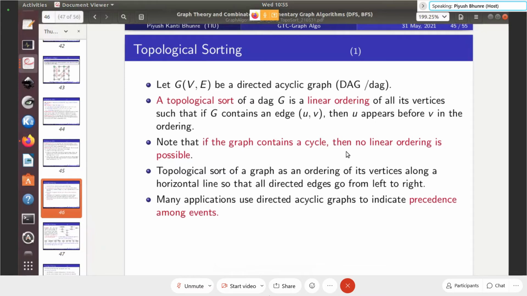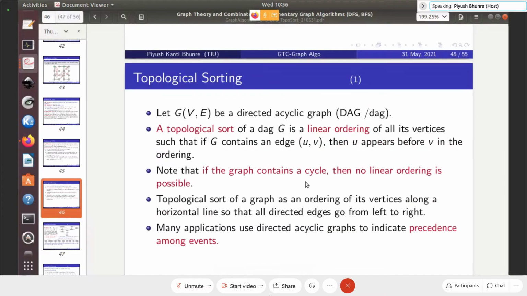After that you can give a topological ordering of those processes, so that which process has to be executed first, and which process can be executed independent of others, can be seen from the topological ordering. So this is a direct application of topological ordering. There may be other examples.